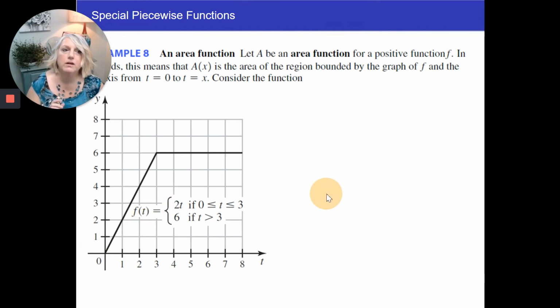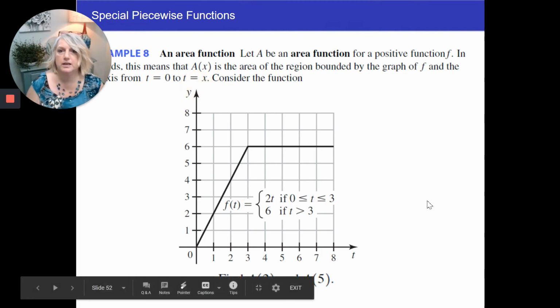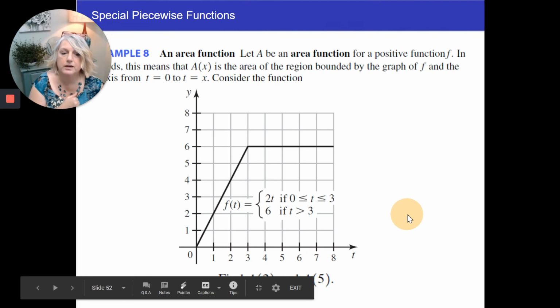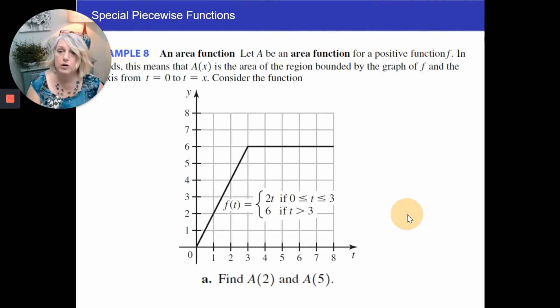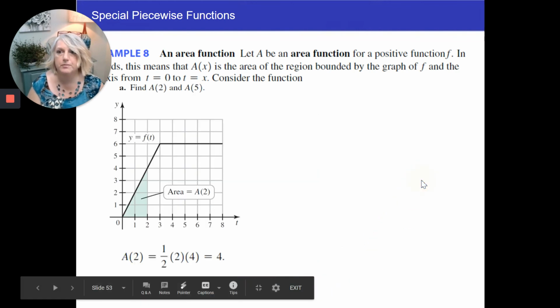So if I want to find the area from t equals 0 to t equals x, it really turns into a geometry problem. As an example, I would like to find the area from 0 to 2, and that's what this A of 2 is down here. And then I also want to find the area from 0 to 5, and that's what this one is down here. So let's take a look at those.